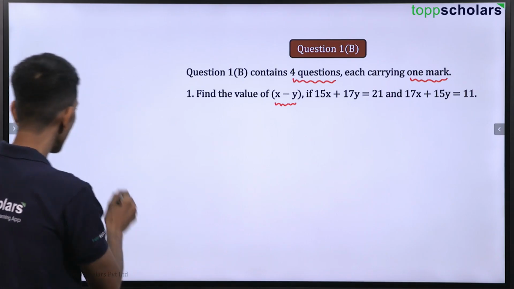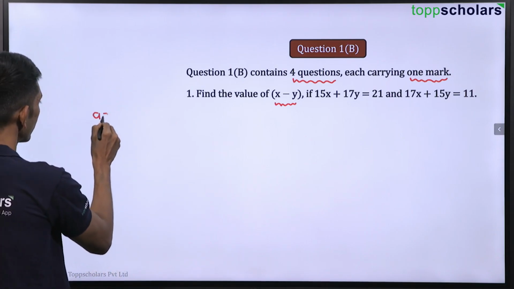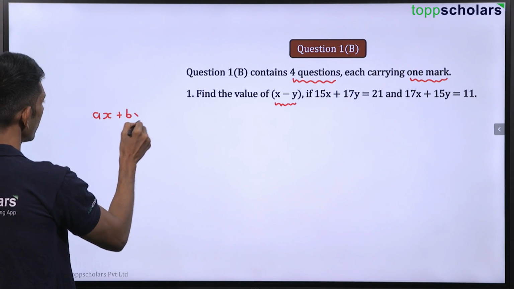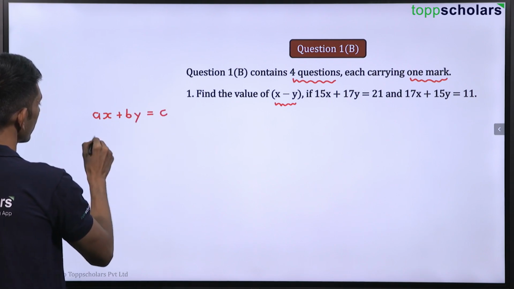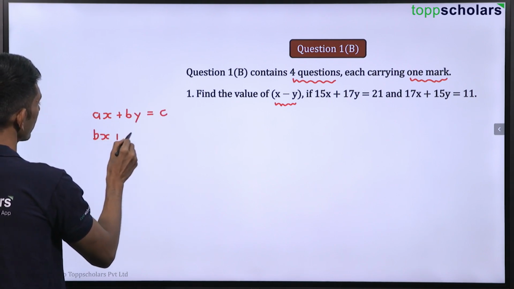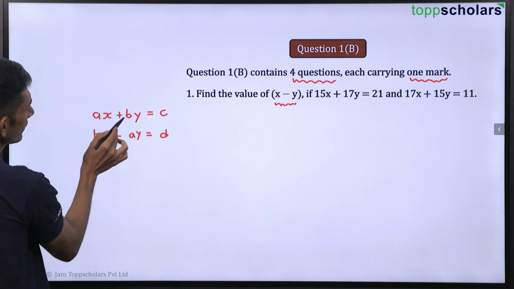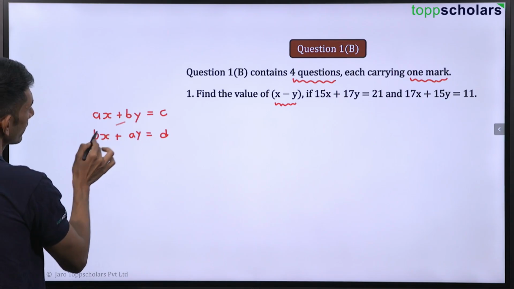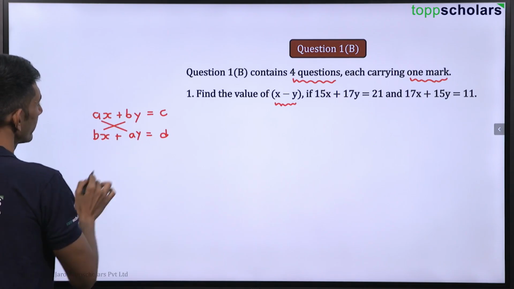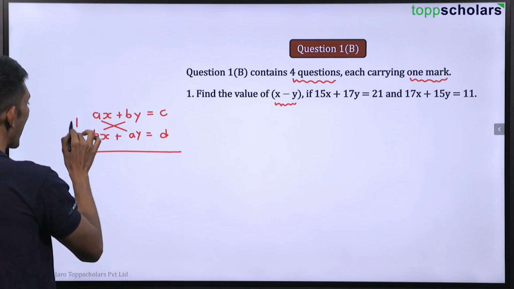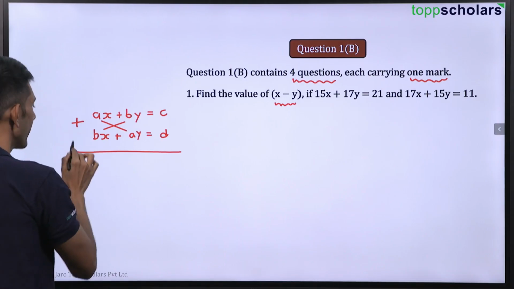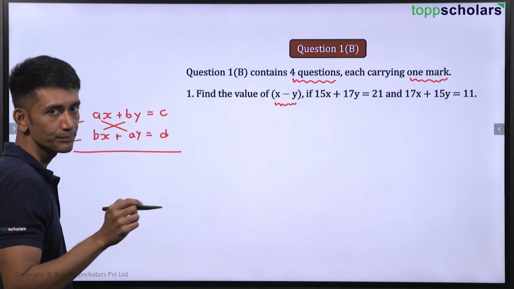See, whenever you have something like this, ax plus by is equal to c and bx plus ay is equal to d. That is b over here, b over here, a over here, a over here. All you need to do is you add first and then you subtract. Do both.